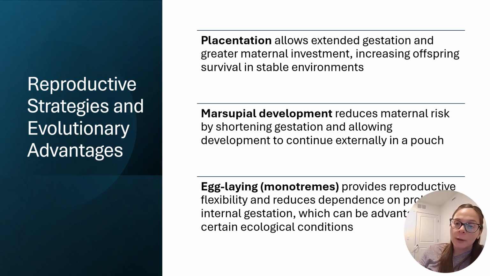Next, we have marsupial development, and marsupials benefit from shorter gestation, which lowers maternal risk and allows reproduction in unpredictable conditions. And then lastly, we have egg-laying monotremes. Monotremes represent an alternative strategy that offers flexibility and reduced physiological costs while still allowing parental care after hatching.